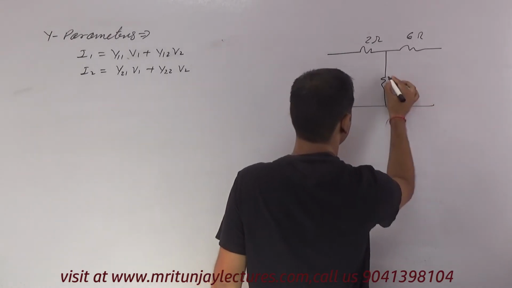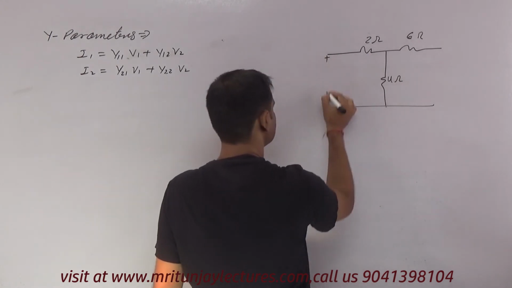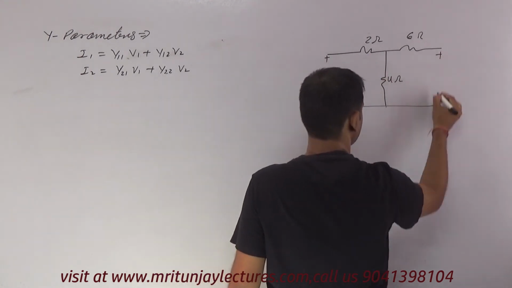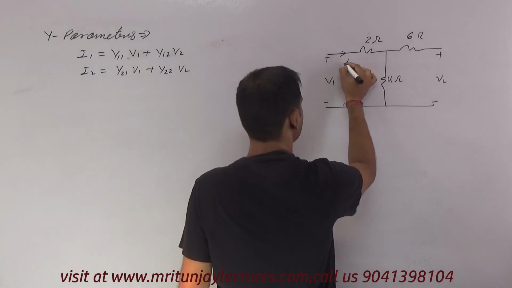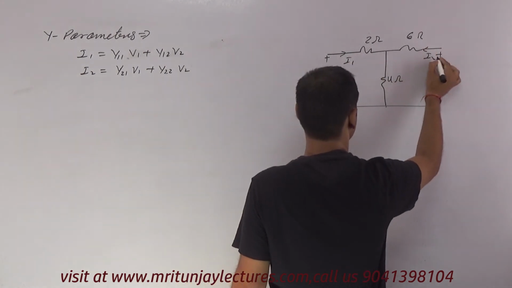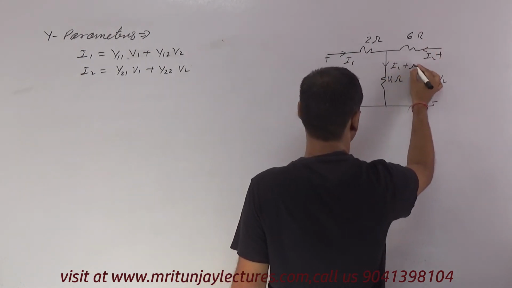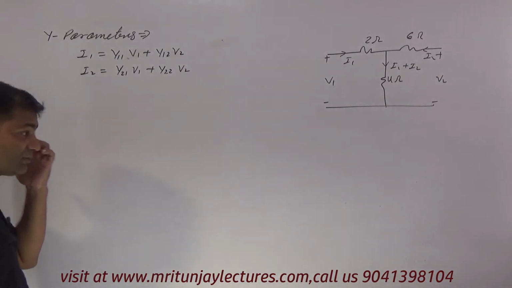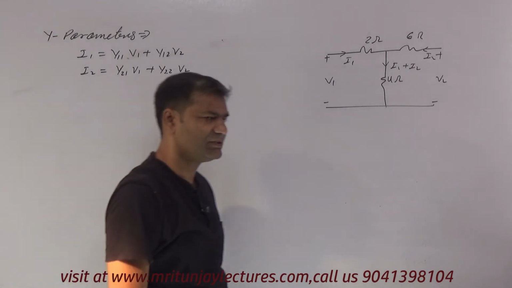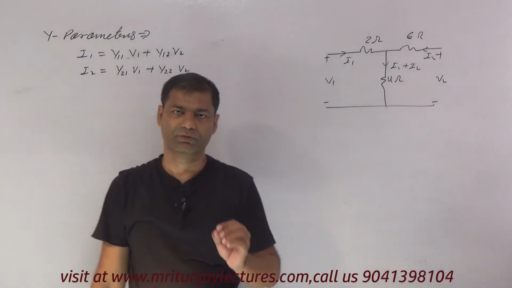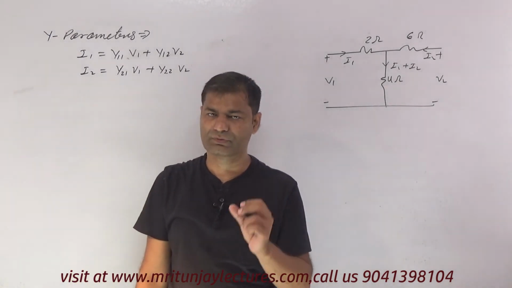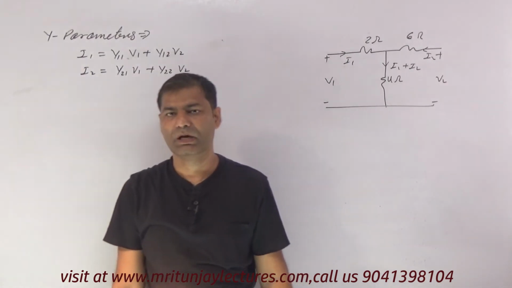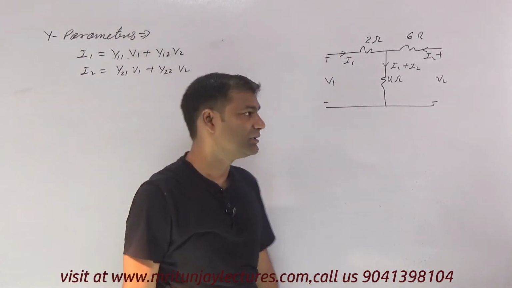Now our next target corresponding to this one: that is V1, that is V2, here I1, here I2, and I1 plus I2. How can we deal with it? Our motto is to determine the Y parameter. It's very simple. First of all, we follow two equations, after that convert it.